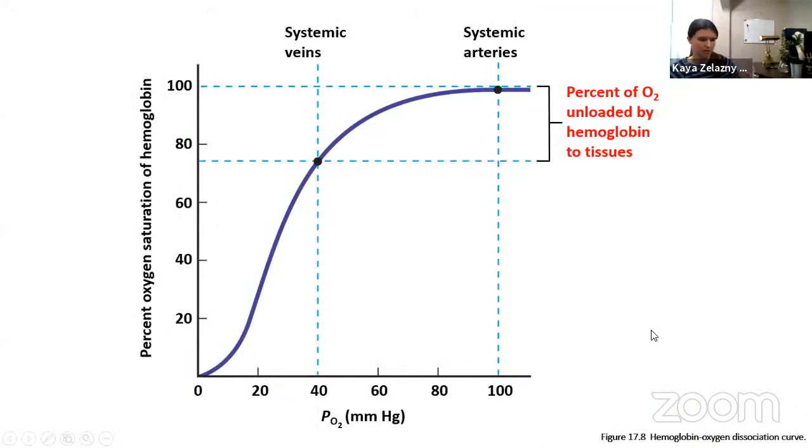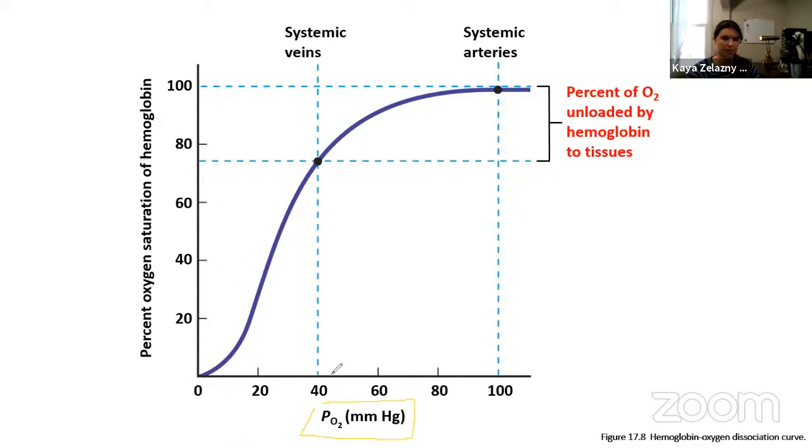So that brings us to our hemoglobin and oxygen dissociation curves. Okay, so what this is showing us at the moment for this first curve, on the bottom, we're looking at our partial pressure of oxygen.